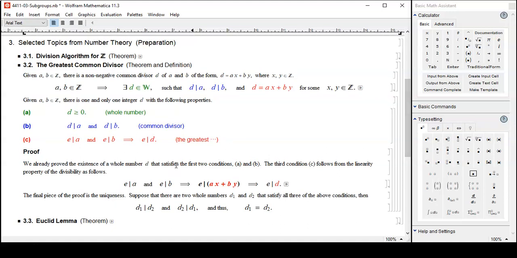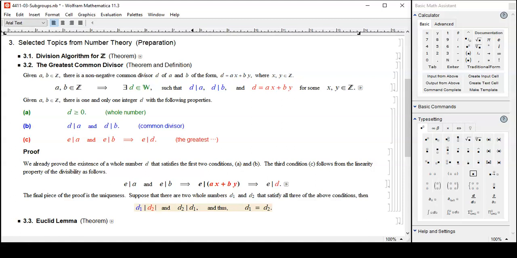Let's suppose there are two, d1 and d2. And d1 and d2 must satisfy all the properties here. And d1, let's apply the blue property. It's a common divisor, so you can replace d1 by e. And then d2, let's suppose it satisfies the red property. So d1 divides d2.